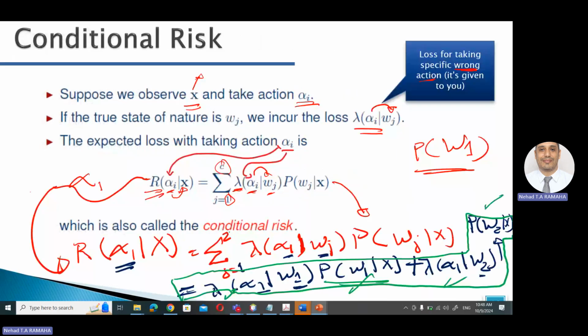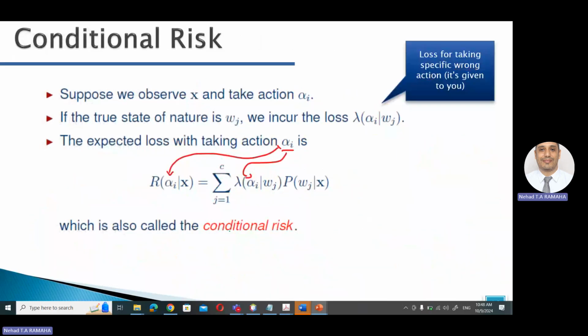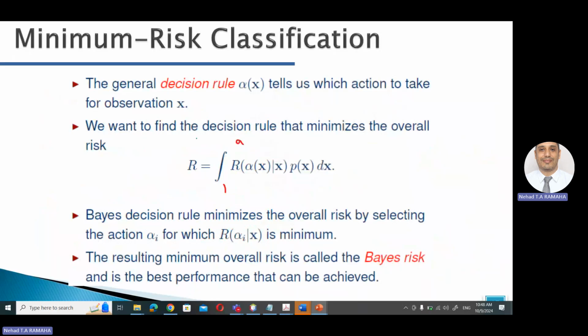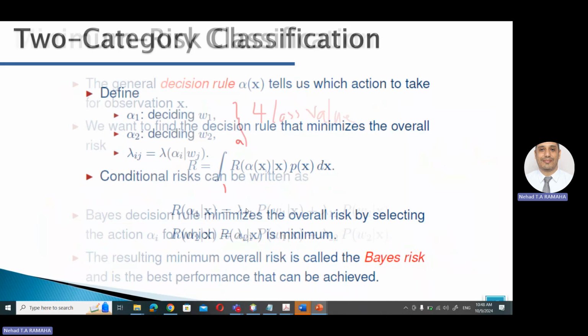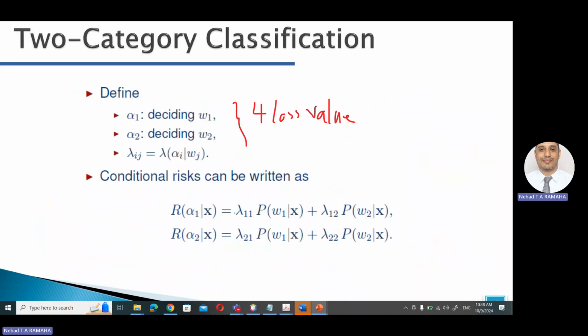Okay, this is another way for the risk using the differential equation. I don't care about it too much. So let's take this example for the risk. We have here 2 alpha. What is the alpha? The action, yes?